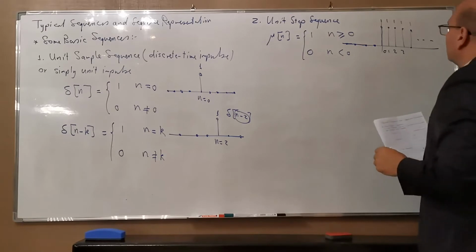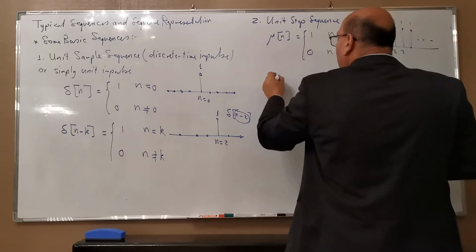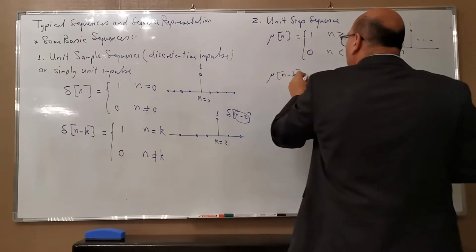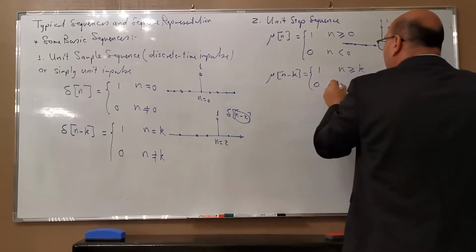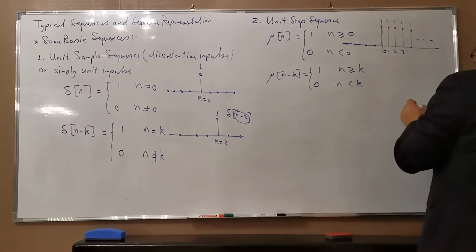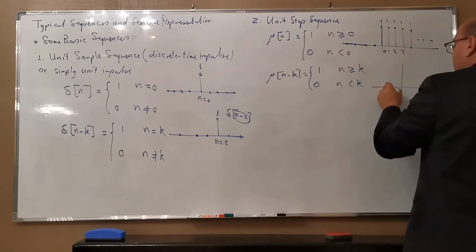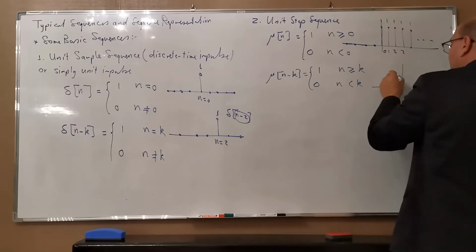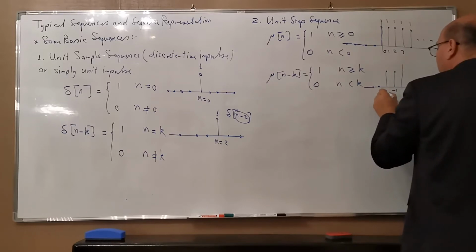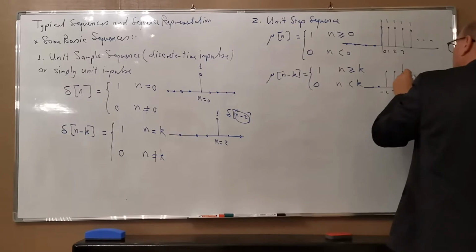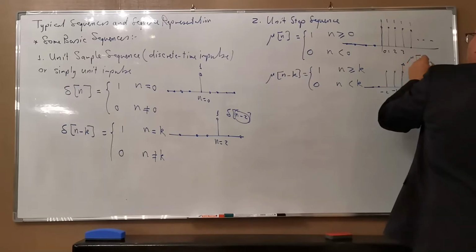Okay, so this is the unit step sequence, and a shifted unit step is also 1 for n greater than or equal to k, and 0 for n less than k. If you have a version shifted by a negative amount, you'll have here -1, -2, and this one is mu of n plus 2.